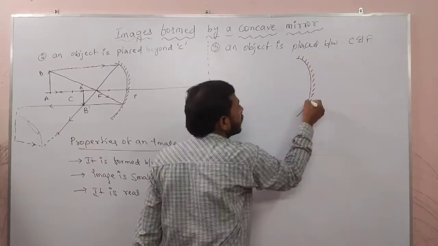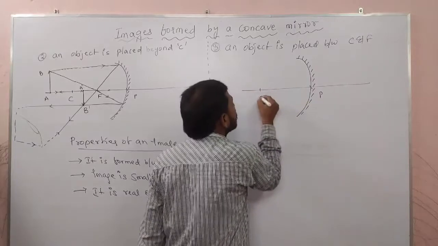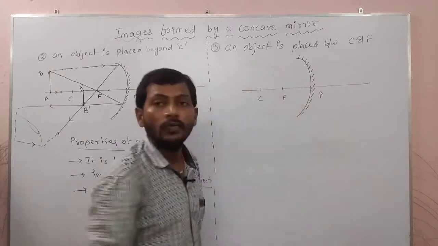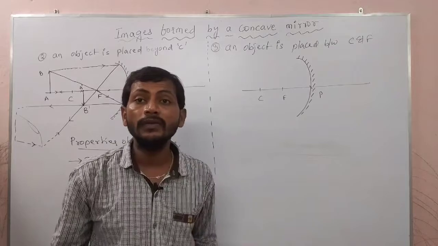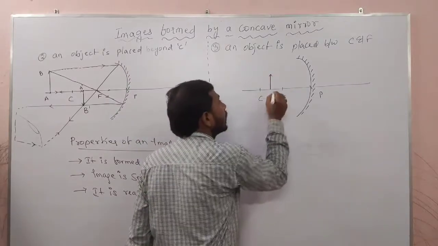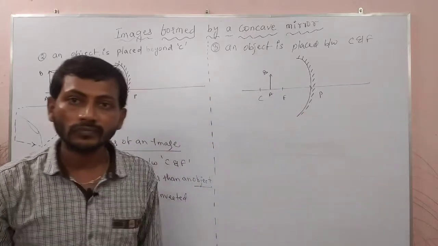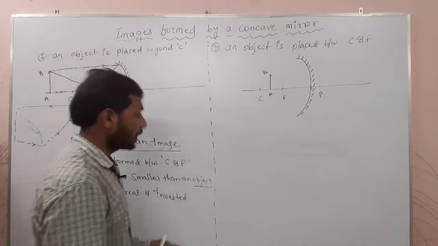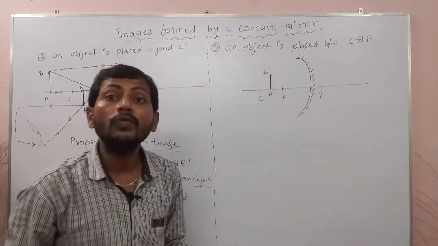Now these are the pole, the center of curvature, and the focus. Now where do we have to take the object? The object is between C and F. This is the object, this is A, this is B.